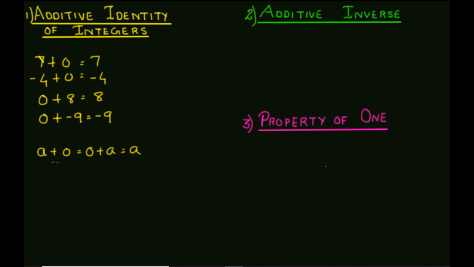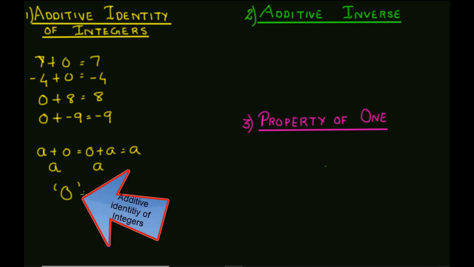So either way, a plus 0 is a, 0 plus a is also a. Hence, 0 is called the additive identity of integers. So 0 is called the additive identity of integers for the fact that if 0 is added to any integer, positive or negative, we get the same value or the same identity of the integer.